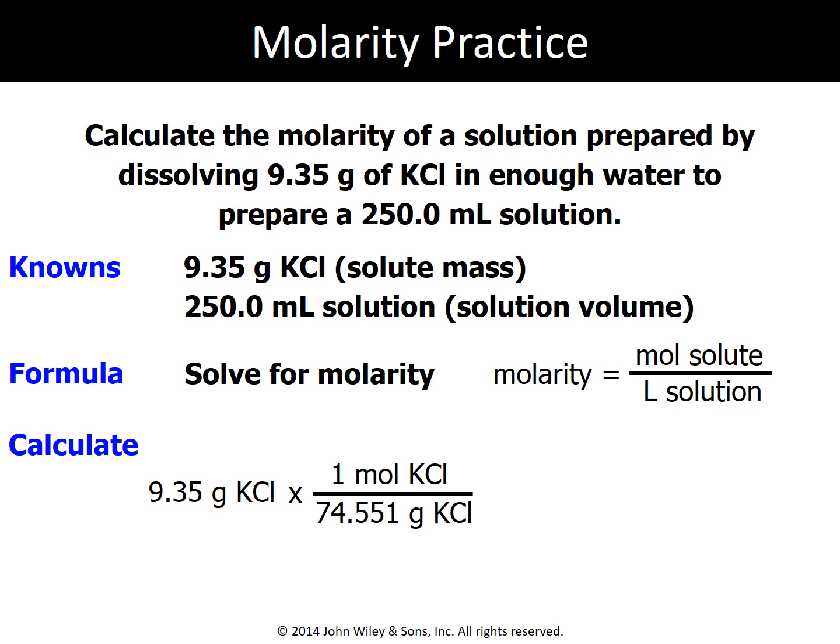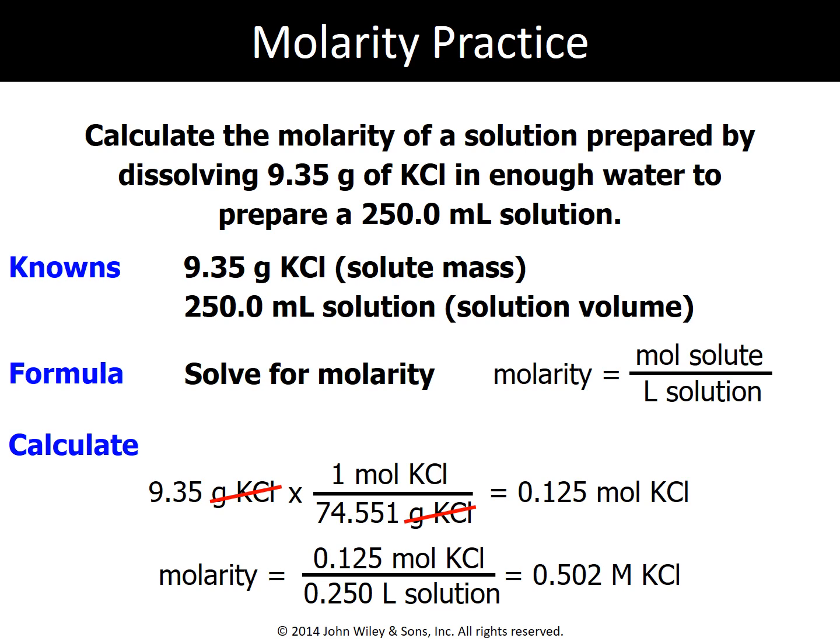So we're first going to use our molar mass, 9.35 times 1 mole over 74.551, the molar mass. We now have 0.125 moles of potassium chloride. We divide that by our 0.25 liters. Remember, we have to have our number in liters in the denominator, so 250 becomes 0.25, and we've now made a 0.502 molar solution.